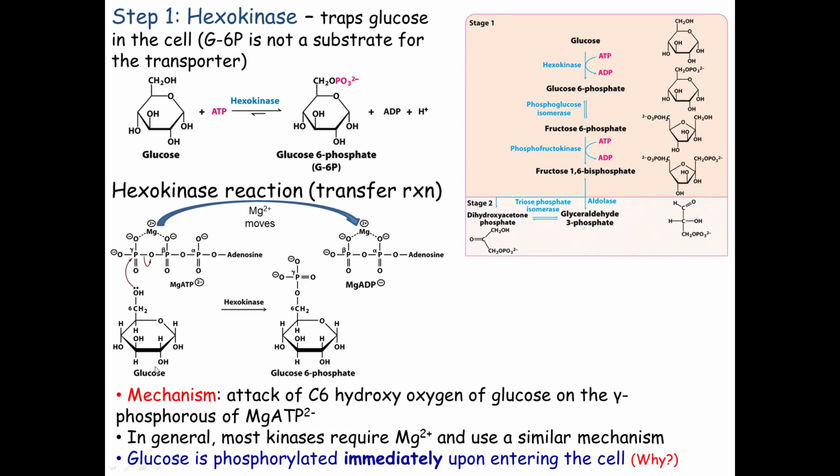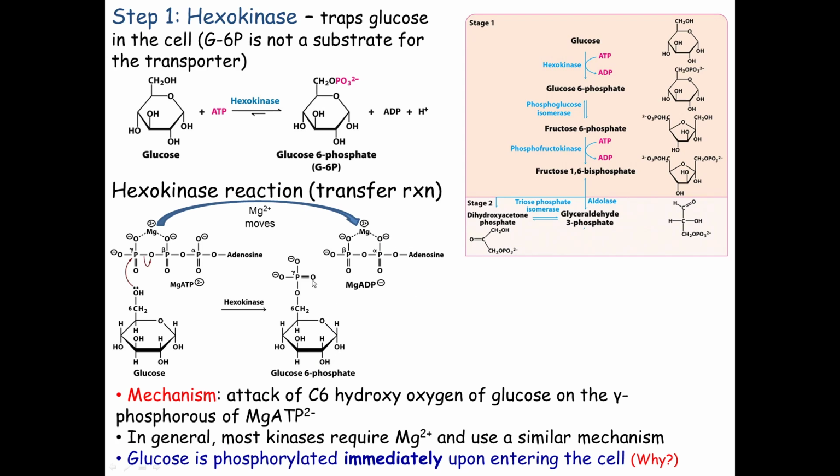And what happens when the hydroxy attacks the phosphorus, right? We lose the bond between the two phosphates, the phosphoanhydride bond here. And then the magnesium stays where it is in the active site, but the ATP shifts in the active site such that now the alpha and beta phosphates are bound to the magnesium, stabilizing this product.